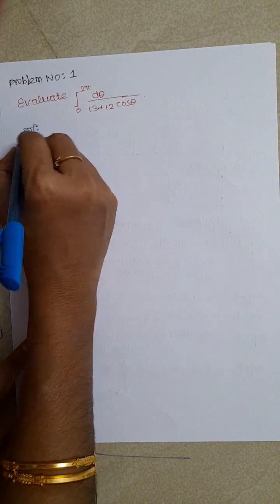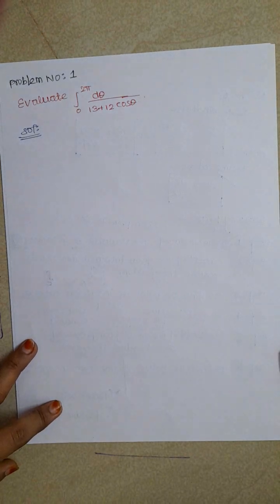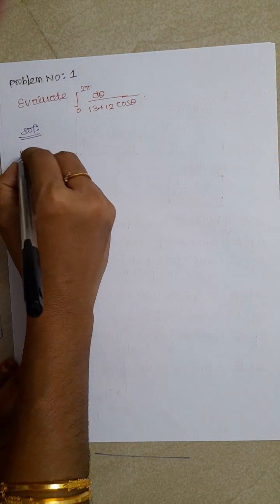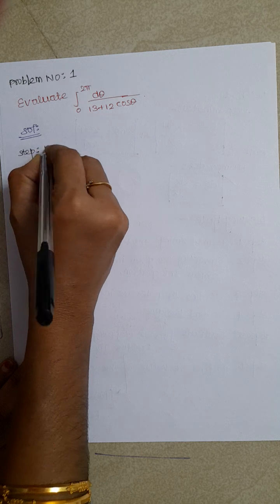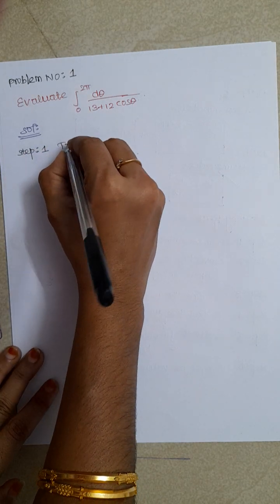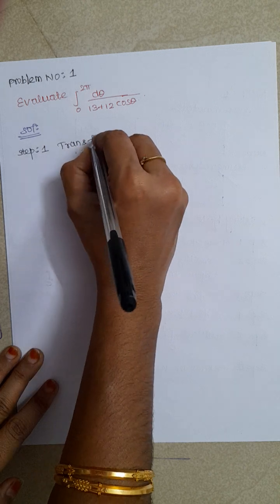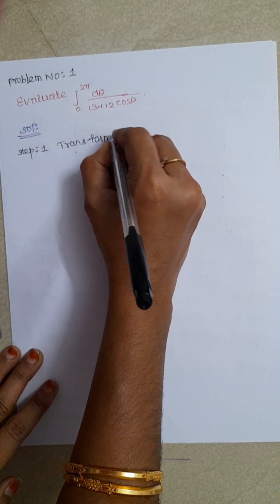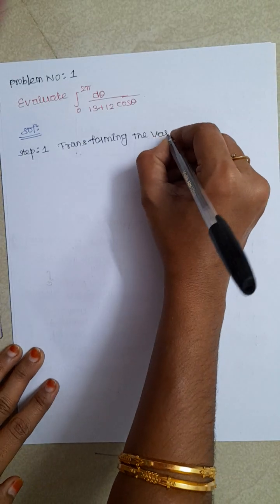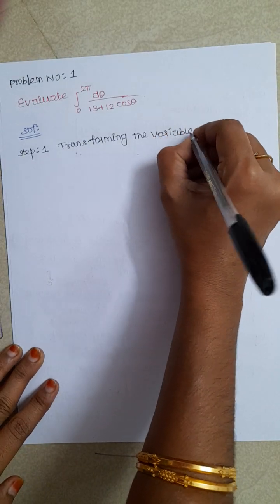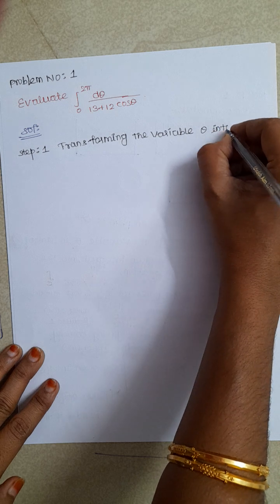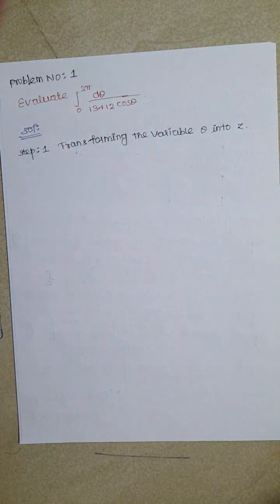Solution. Step number 1. What does step number 1 say? Transforming the variable theta into z.